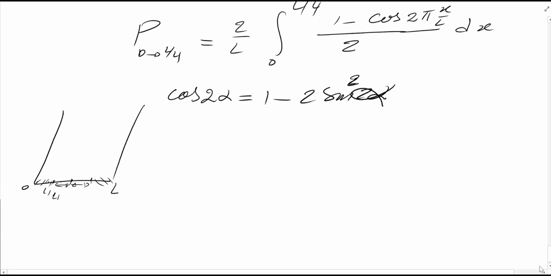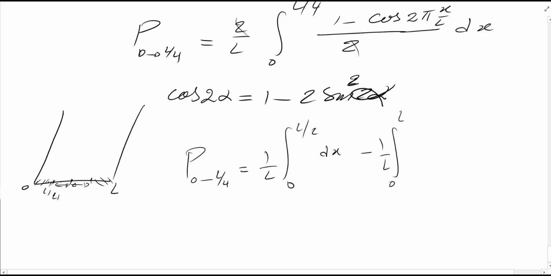So let's do that. First of all, these two cancel. So this probability between 0 and L over 4 is simply equal to the integral from 0 to L over 4 of 1 over L dx, minus the integral from 0 to L over 4 of 1 over L times cosine of 2 pi x over L. The first gives me 1 over L times L over 4, minus 0.